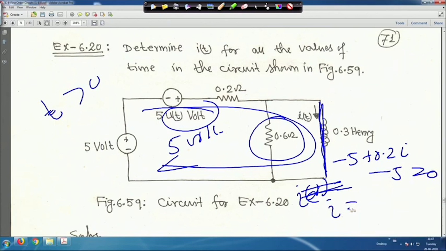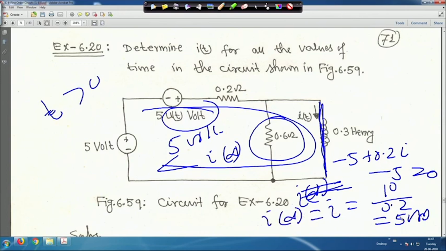Therefore, my I is equal to 10 divided by 0.2, that is 50 ampere. Actually, this current is basically I(infinity). So, it is 50 ampere I(infinity). So, I(0) is equal to 25 ampere, and I(infinity) is equal to 50 ampere, the steady state value. Let me clear it.